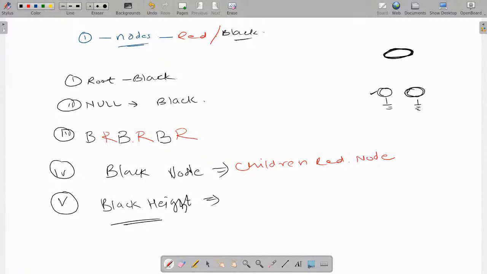What are real black nodes? Real black nodes are those nodes that have children that do not point to null. So at a given downward path from a node to the leaf node, we just count the number of real black nodes, that means the black nodes that have children. And that particular count is known as the black height of a red black tree. Okay, and this particular thing can never be eliminated.